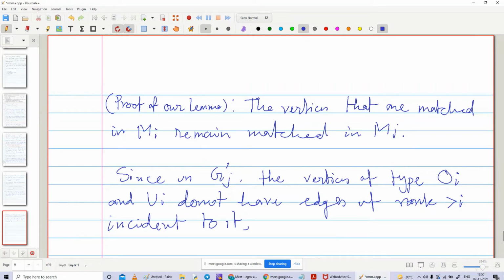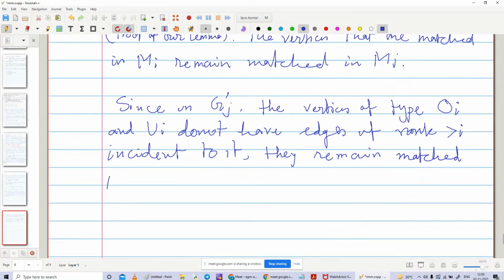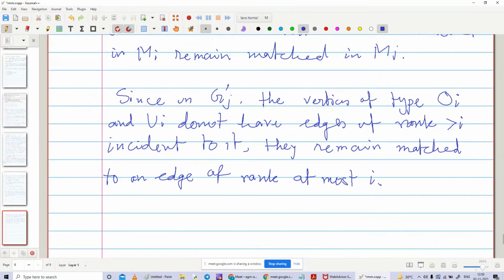That means they remain matched to an edge of rank at most i.